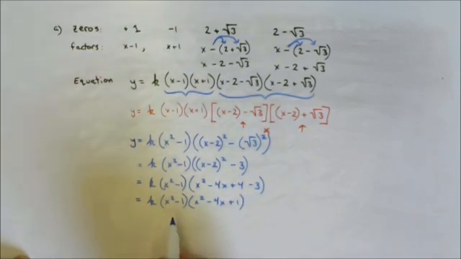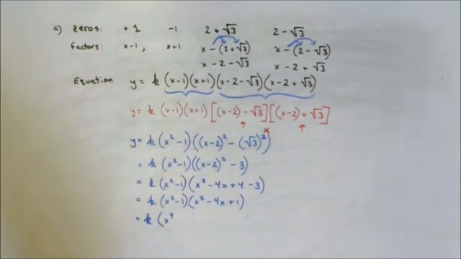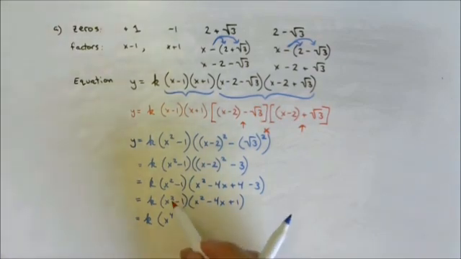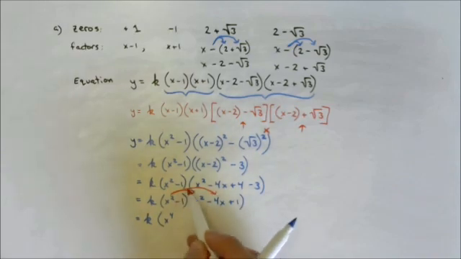And now we can distribute all of this. We're going to end up with x to the power of 4. Now what I'm doing is distributing the binomial to the trinomial here.